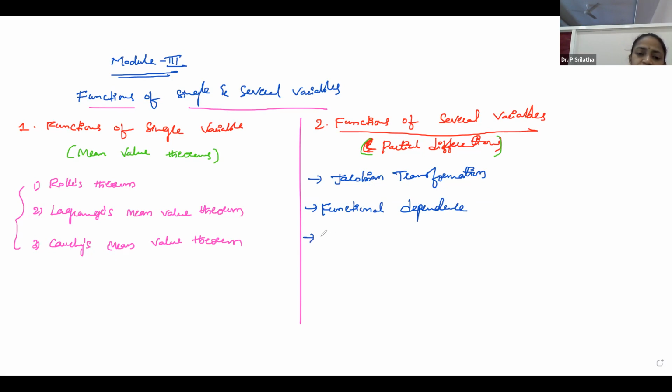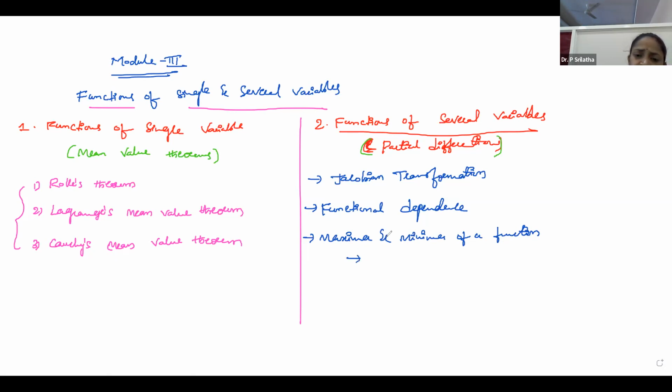So the next topic is maxima and minima of a function. In this we have two methods.